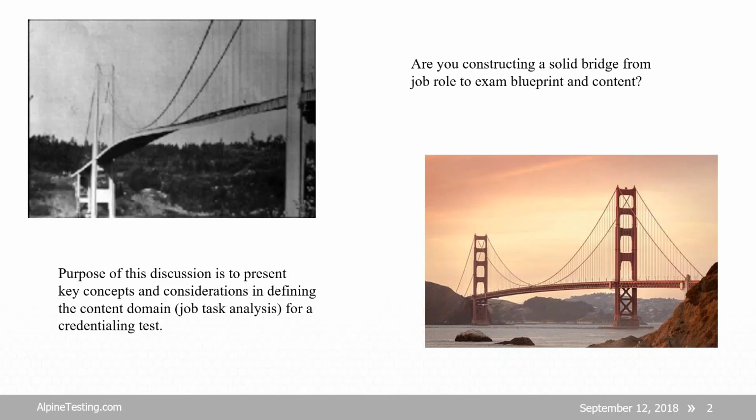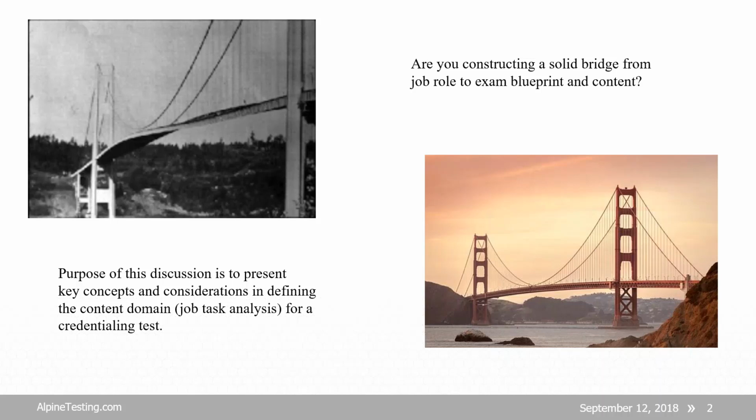If you've never seen the Tacoma Narrows Bridge, in the upper left corner was the original bridge that was built 1938 to 1940 and collapsed within a year of opening because it wasn't built with deep enough or wide enough girders. So it didn't have a strong enough foundation.